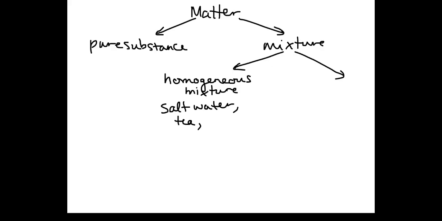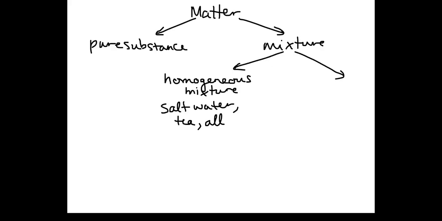You don't necessarily have to have a liquid. That's the most common type. But things like metal alloys are technically mixtures because they are two different types of metals mixed together. In steel, for example, you have iron and then you have carbon every so often, uniformly mixed across that alloy.